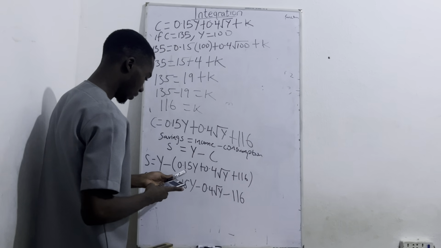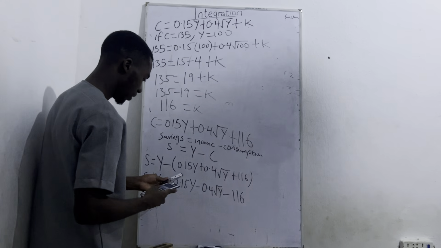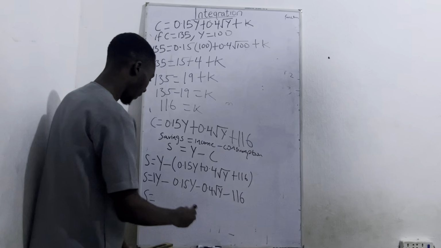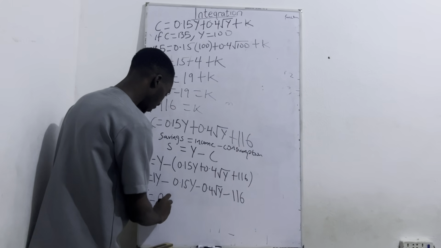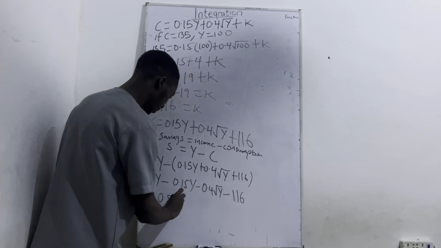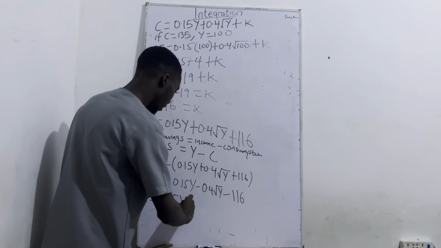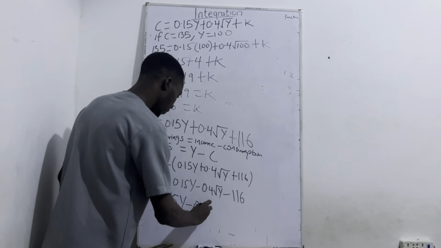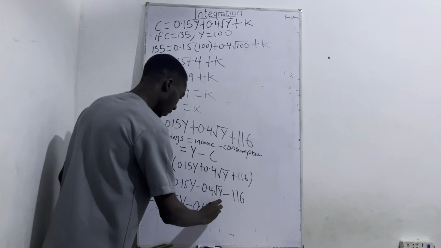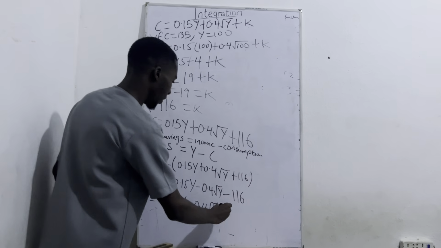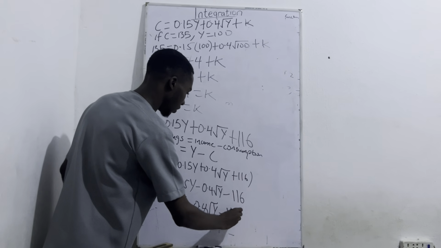So 1 minus 0.15, and that will give you 0.85. So here 0.85Y. You get it. Then minus 0.4 root Y. You get it. Minus 116.